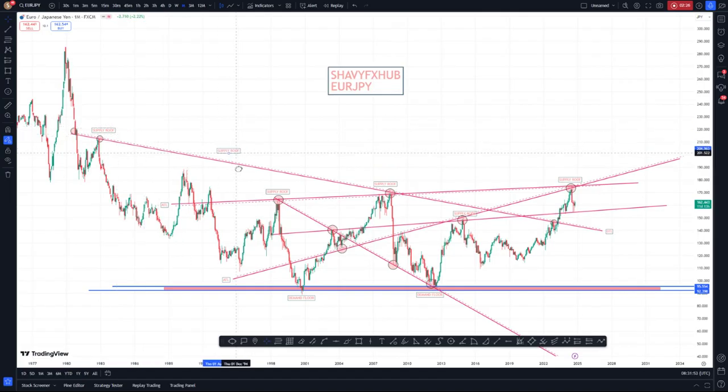Another supply roof we tested, and the Japanese yen has a history of taking out all gains. From July 2008, close by March, all the bullish impulse, all the bullish buys were taken away.